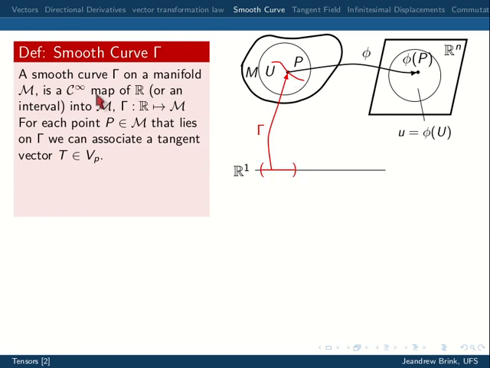Okay. So once we've done that, we can say for each point P in M that lies on this curve, we can associate a tangent vector. So we know for each point P, a general vector can be expanded on the basis which has dimensionality n.